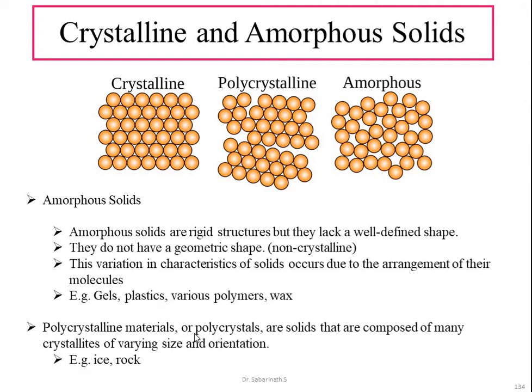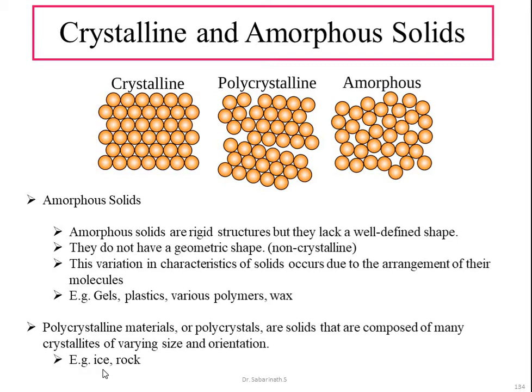Some category of materials exists in between the crystalline and amorphous. Such material is known as polycrystalline material, or polycrystals. They are solids composed of many crystallites of varying size and orientation. Crystalline materials are arranged in a long-range order, but polycrystalline material possesses a crystalline nature only for a short range, not a long-range order. Examples are ice and rock.